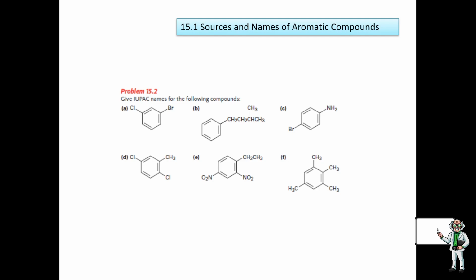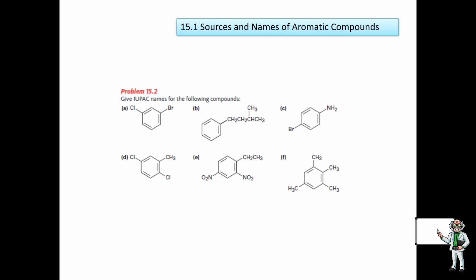I am checking the longer alkyl chain, and then I start numbering from the carbon that is attached to the phenyl, because if I do this, the substituents are in 1, 3. If I do the opposite, the substituents will be in 2, 4. That means I will choose this one, and it will be 3-methyl-1-phenylbutane.